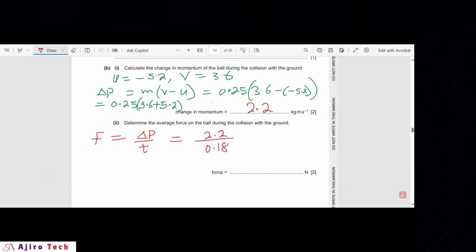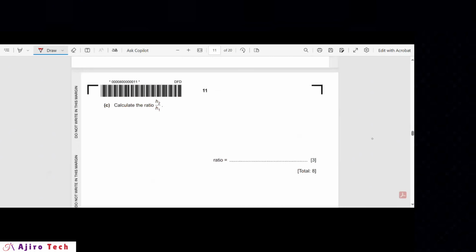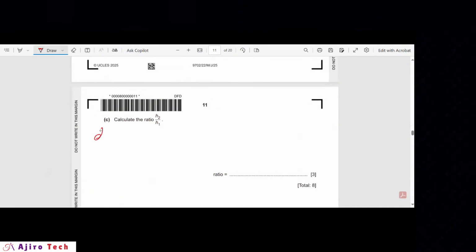So putting into calculator, that gives 12.22. We're looking for the lowest, from the data. So that's the method. So we're looking for the ratio of the height. Okay. So let's say downward, when it's coming downward.